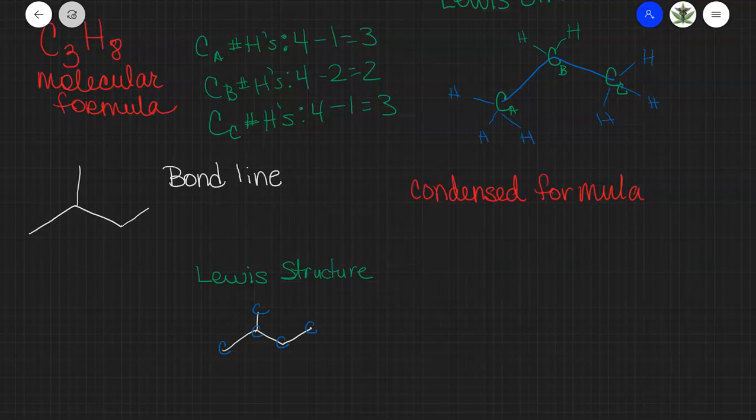And just like we did for the example above, we would look to see how many hydrogens we would need to put in. So for the carbons on the end, remember we said those are CH3s. So they get 3 hydrogens. And then the one that is in the middle is going to get 2 hydrogens if it has 2 attachments.